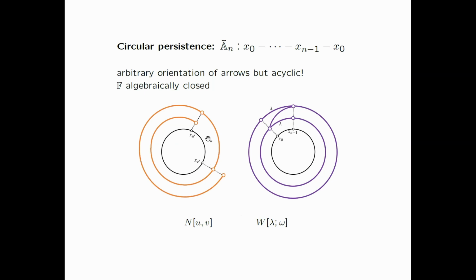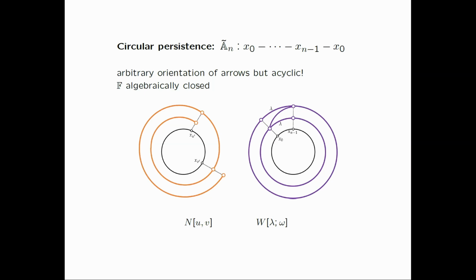One is where you take just a long interval, u to v, and you wrap it around your circle. You start at some u', which is the same as u modulo n, and similarly, you end up at something v', which is also equal to v modulo n.